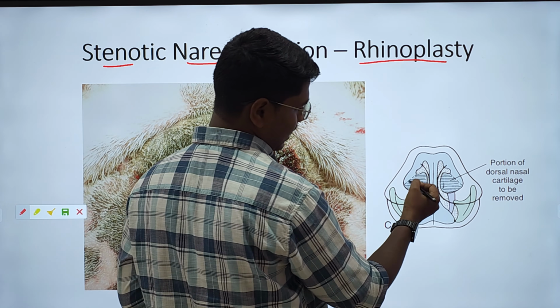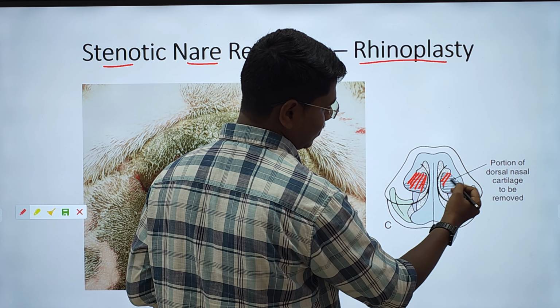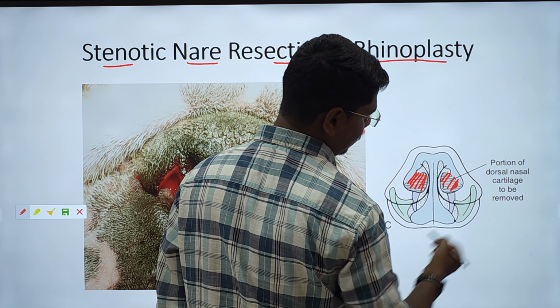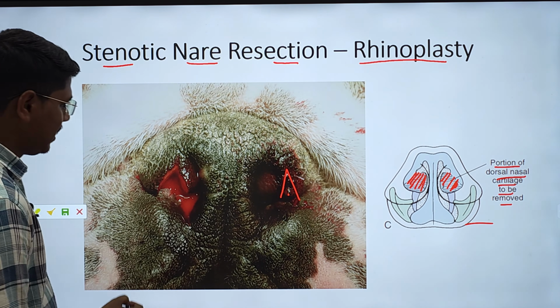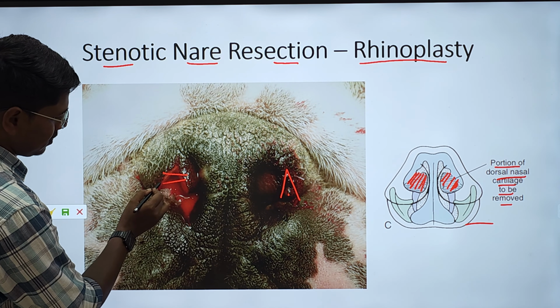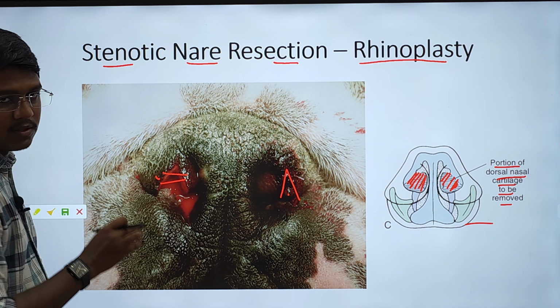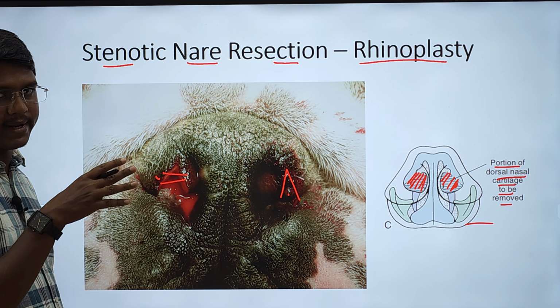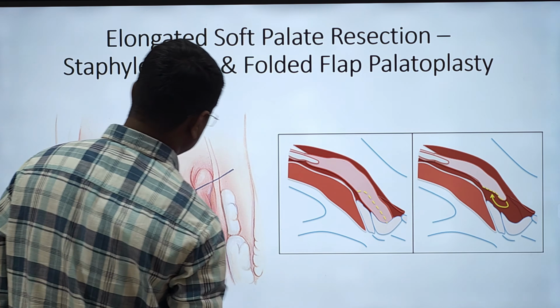This dorsal portion of the dorsal nasal cartilage should be removed, not only the skin. After removal, simply suture. When you suture, it will contract like this, and the nasal opening will widen. Stenotic nares, the surgery is known as rhinoplasty.